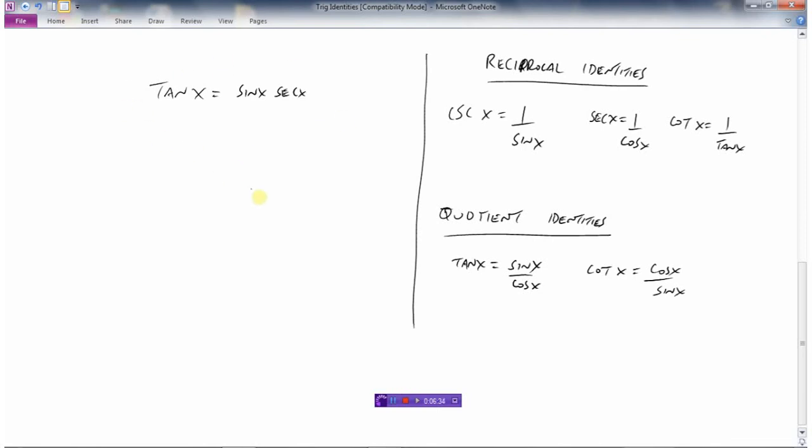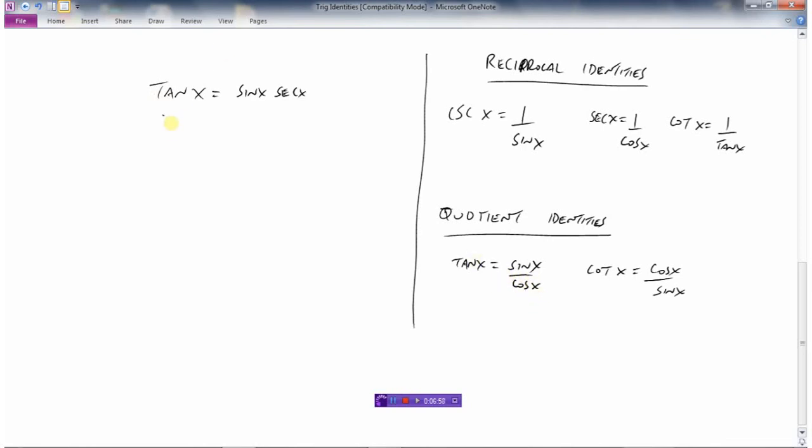So one of our first tricks in proving trig identities is to always convert everything to sine and cosine. So all of these expressions we can write in terms of sine x or cosine x. Here on the left side of my page, I've got tan x. Tan x is the same thing as sine x over cos x.